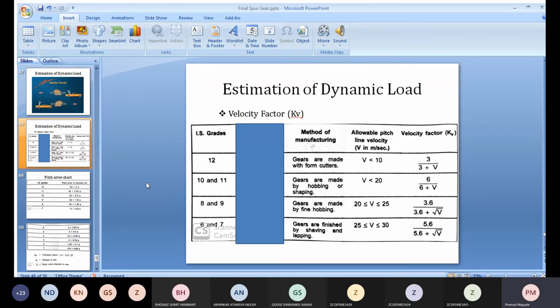So that's why I told you. So this is about velocity factor.